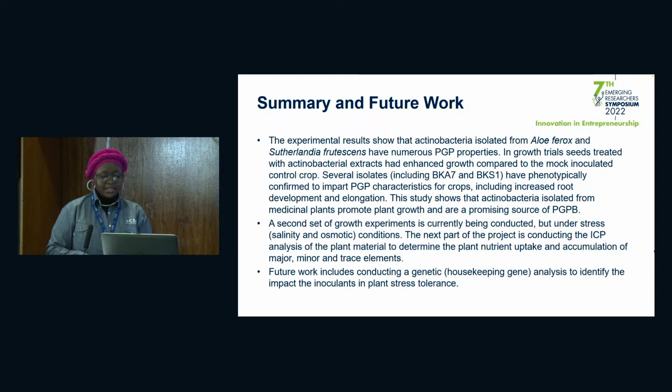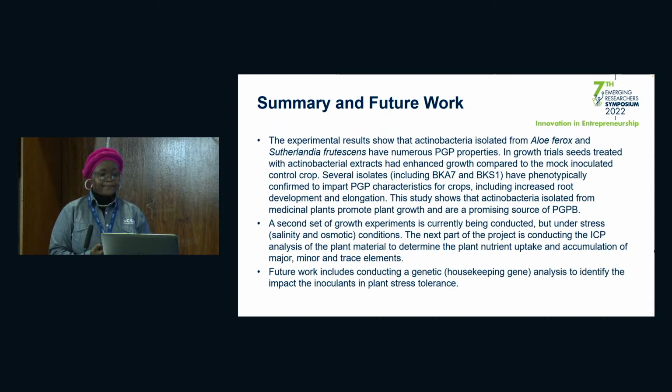So several isolates, as shown in the previous slides, have been phenotypically confirmed to impart plant growth promoting qualities for crops. This includes the increased root development and elongation. The study shows that actinobacteria isolated from medicinal plants promote plant growth and are a promising source of plant growth promoting bacteria.